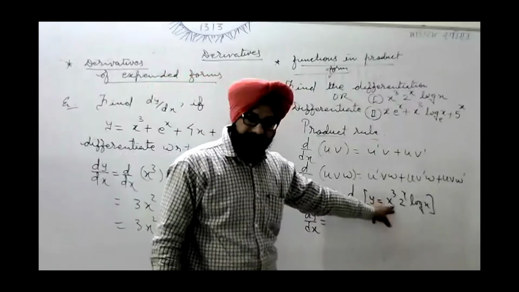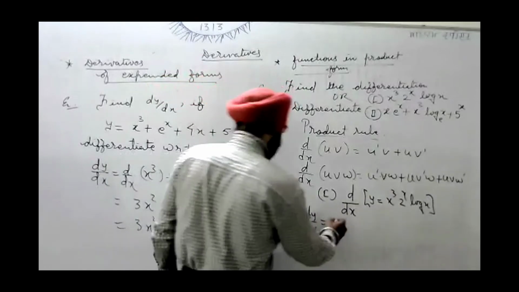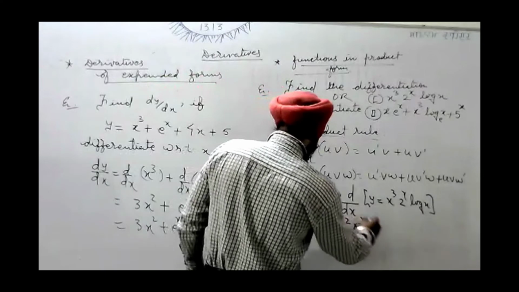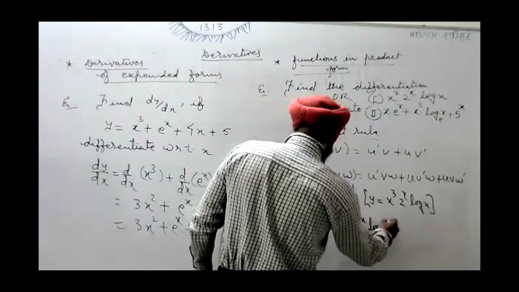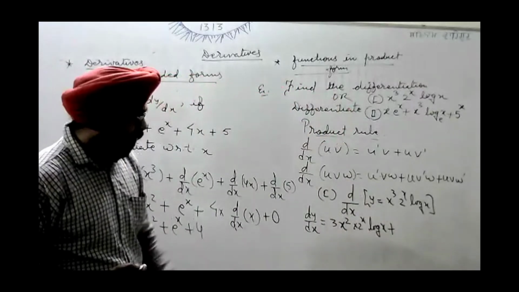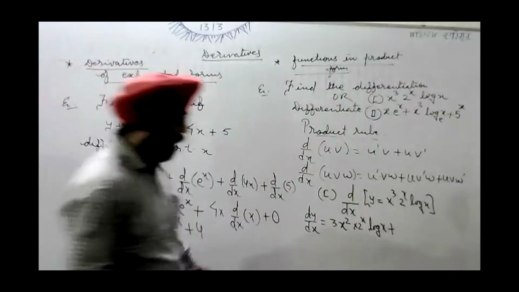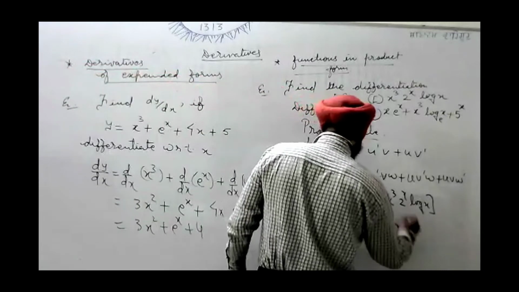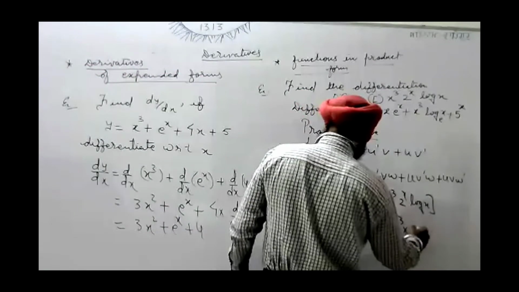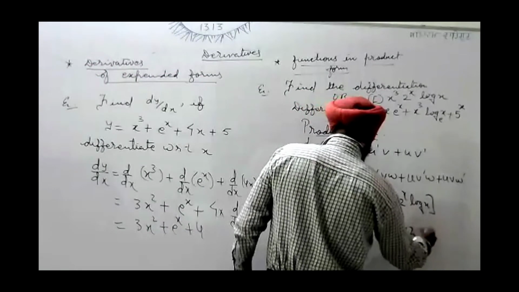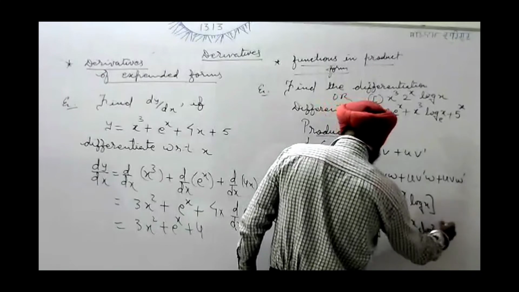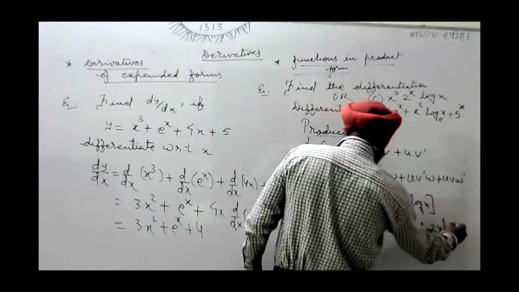First we differentiate x cube, so that will be 3x square into 2 to the x log x as it is, plus. Now we differentiate 2 raised to the power x, with x cube as it is. The differentiation of 2 raised to the power x is 2 raised to the power x into log of 2 to base e, with log x as it is.